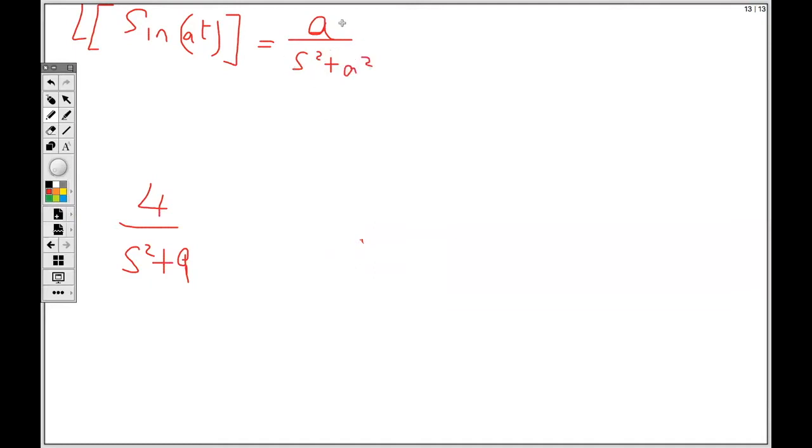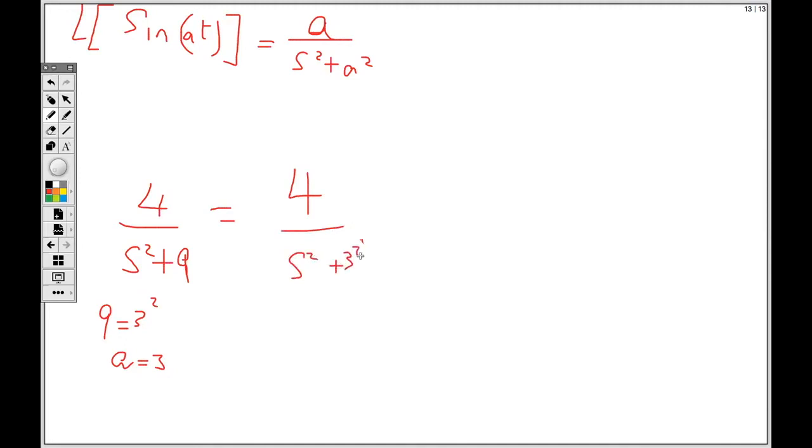So we're moving in the reverse, from the s function to get the t function. So what we have is 4 over s squared plus 9. First, we can identify that a is 3 because 9 is a perfect square. 9 is the same thing as 3 squared. So that gives me that my a is 3. So I can rewrite this as 4 over s squared plus 3 squared.